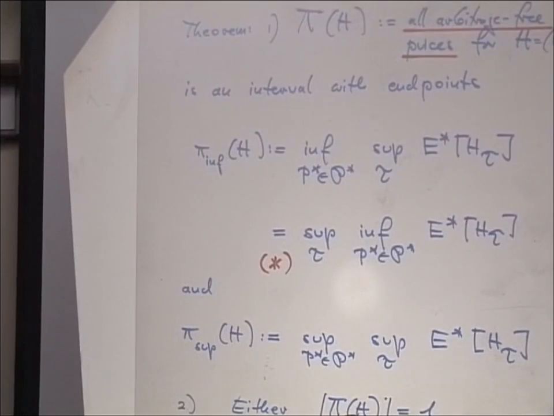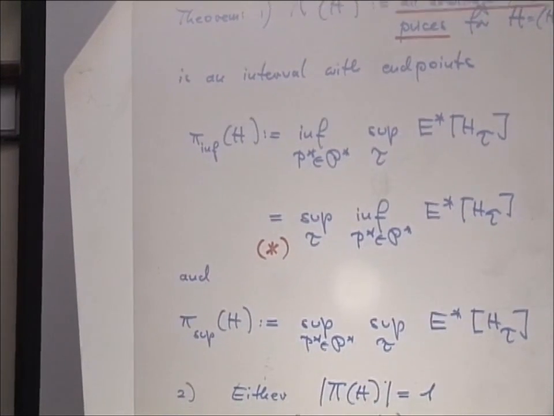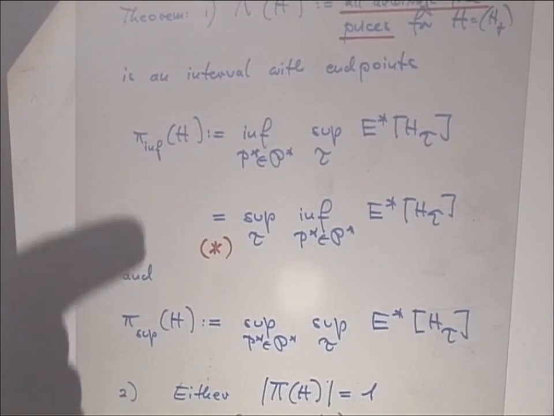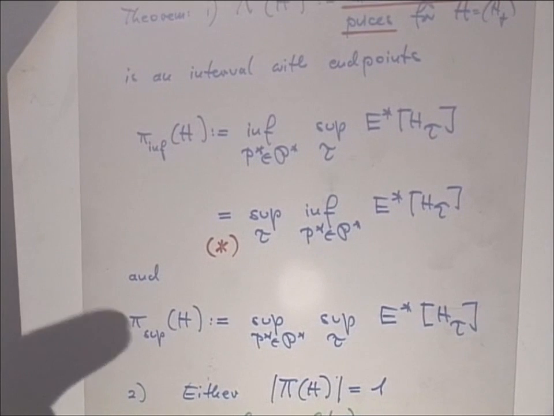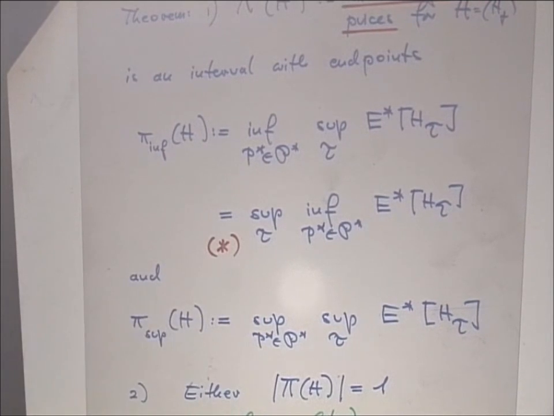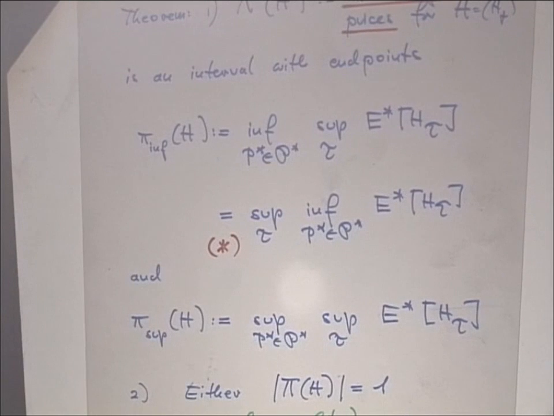Now either this American option we are considering happens to have a unique arbitrage-free price. For example, if the situation is complete, then of course these two limits coincide and the interval reduces to one point, because there is only one equivalent martingale measure, and clearly these two quantities coincide.